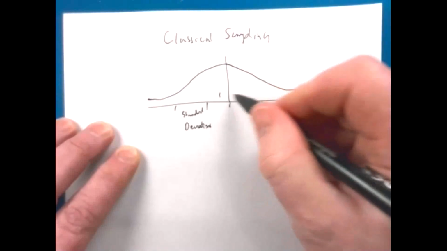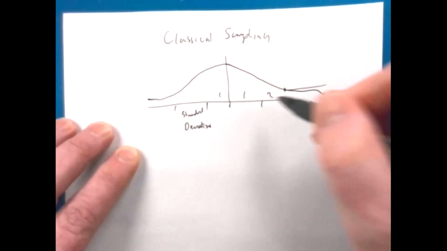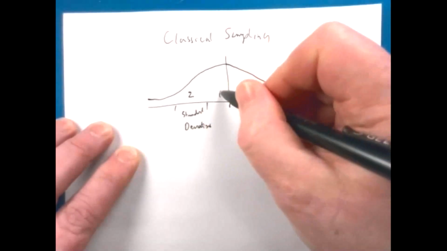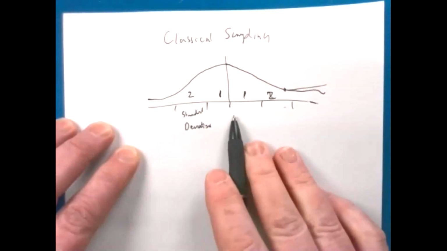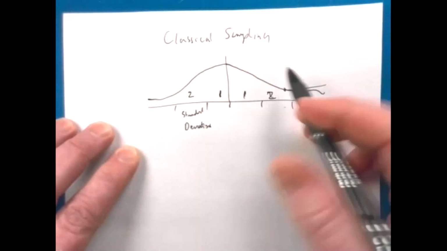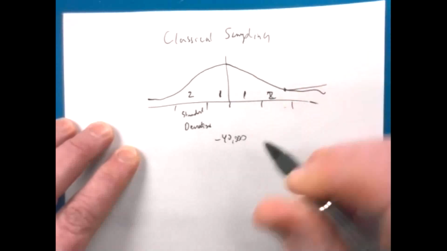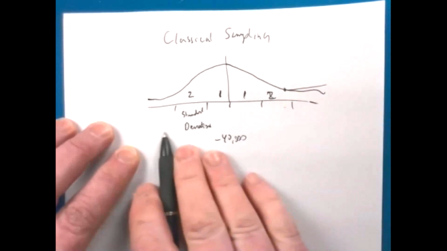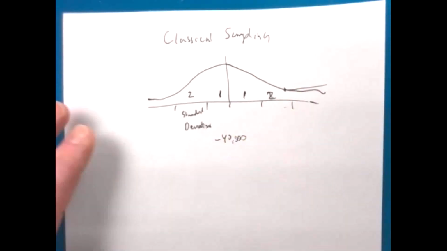So this is one standard deviation, this is two standard deviations. In our example here, this would be minus 40,000. And it could go either way, one or two standard deviations. So that's classical sampling.